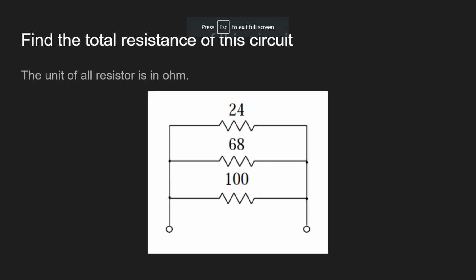Another example: total resistance in the circuit. So we got a parallel circuit here. We will do it once again. Actually, we can do it bit by bit if you are not familiar with it, if you are very worried about it. 24, 86, and 100.